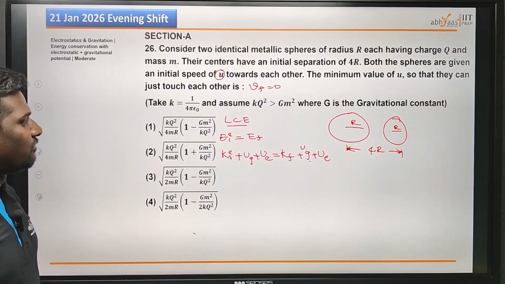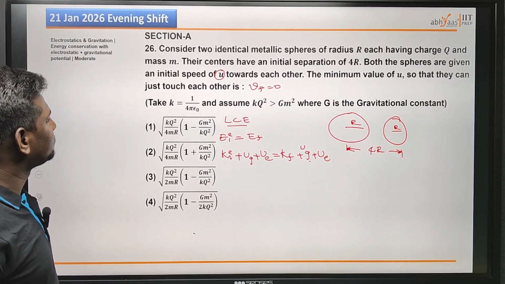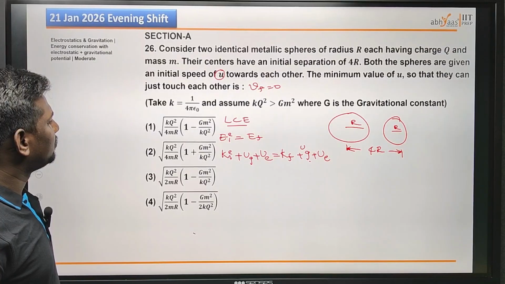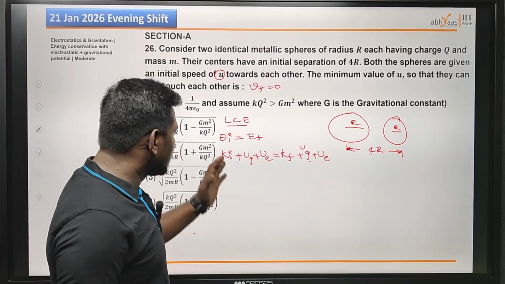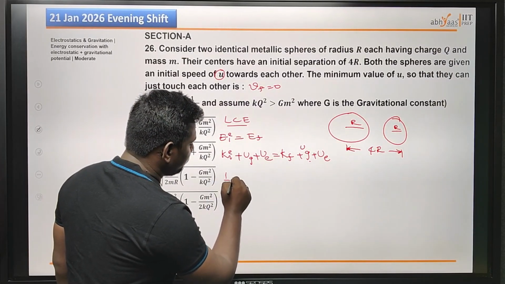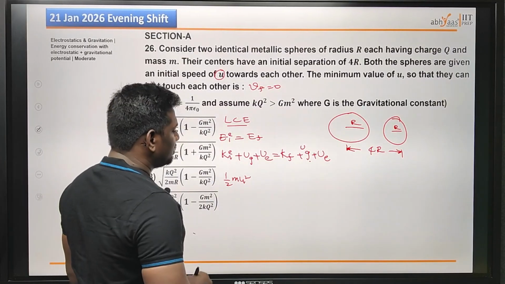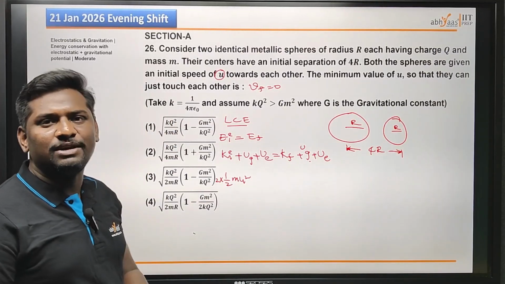That is the law of conservation of energy. We have two spheres. What is the kinetic energy? Kinetic energy of one sphere is half m u square, so for two spheres, 2 times half m u square.